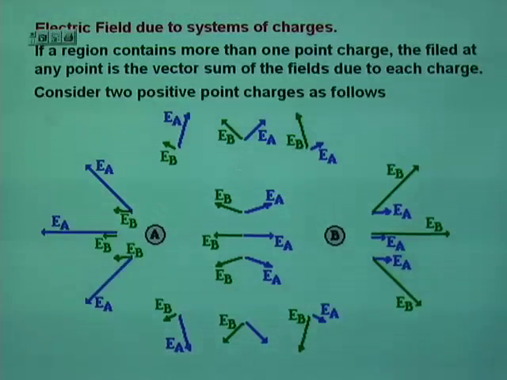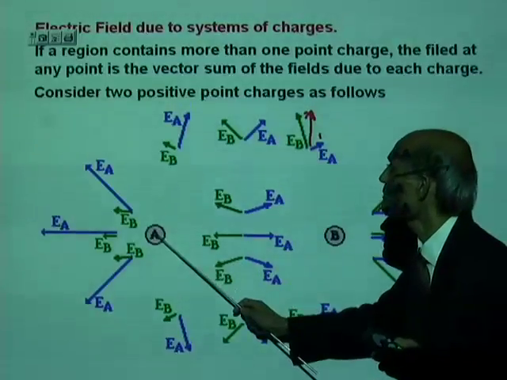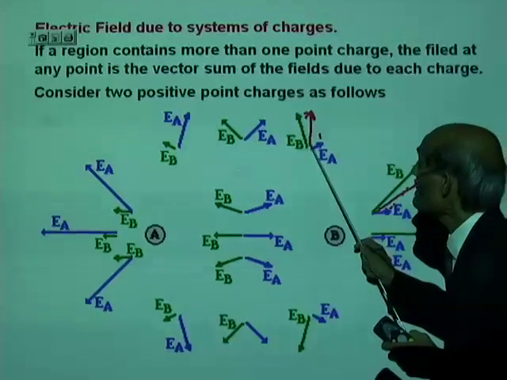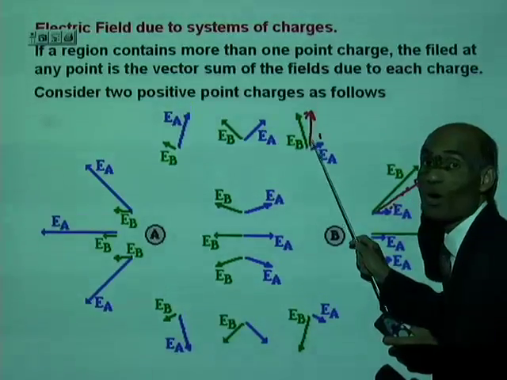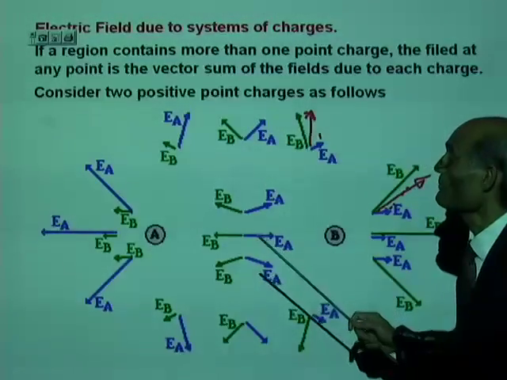That means the resultant field will be therefore this. The resultant field in here will be that. So at every point there will be two electric fields, one due to A and one due to B, and the net electric field at any point is the vector sum of these two.